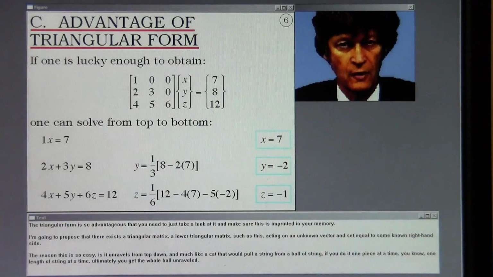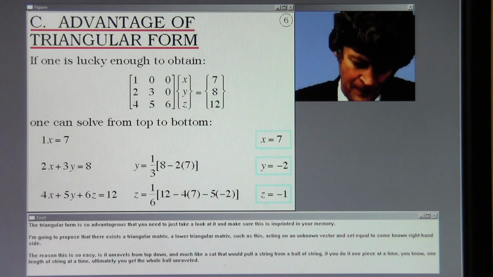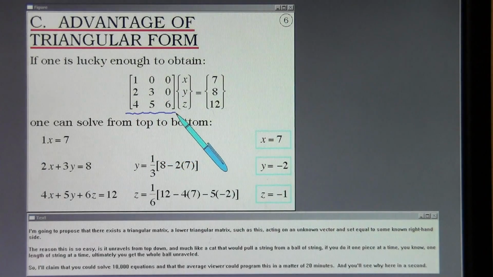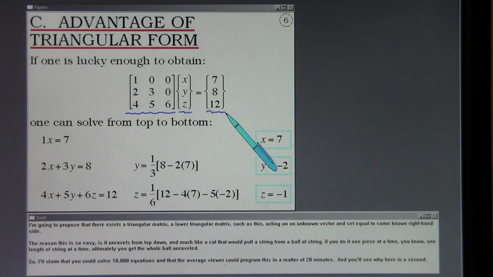The triangular form is so advantageous that you need to just take a look at it and make sure this is imprinted in your memory. I'm going to propose that there exists a triangular matrix, a lower triangular matrix such as this, acting on an unknown vector and set equal to some known right-hand side.